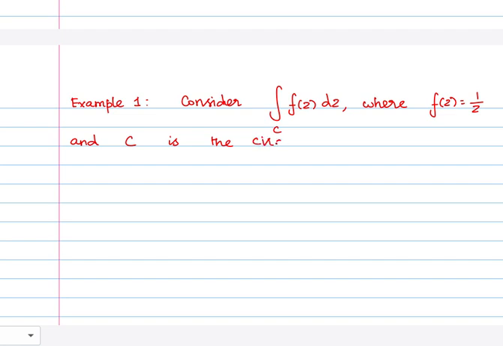First, one example. Consider the integral over C of f of z dz, where f of z is equal to 1 over z and C is the circle mod z equal to R, described in the positive sense.